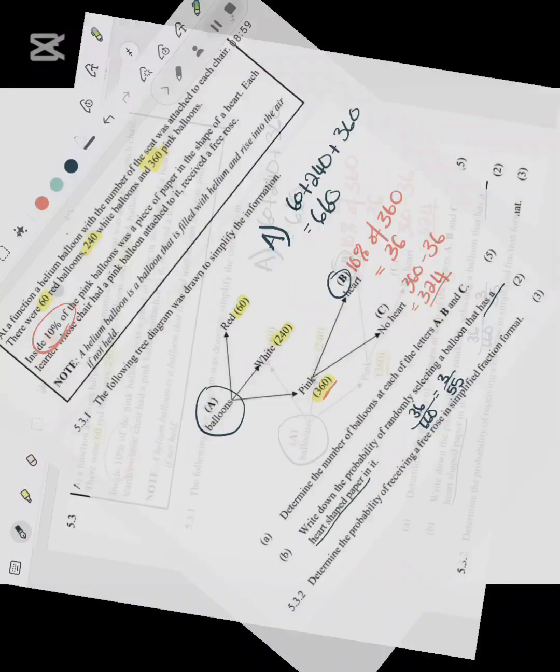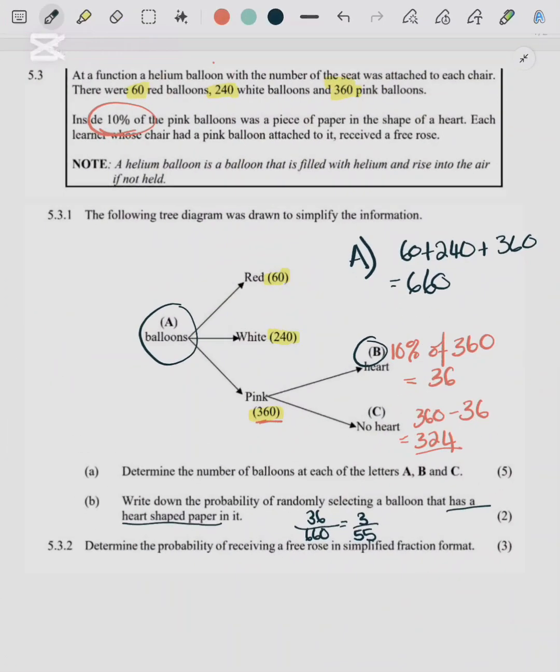Okay, then they ask us, what is the probability of receiving a free rose in a simplified fraction format? So what do we know about the free roses? Well, it tells each learner who had a chair with a pink balloon attached to it received the free rose. So how many balloons were pink? 360 of them.